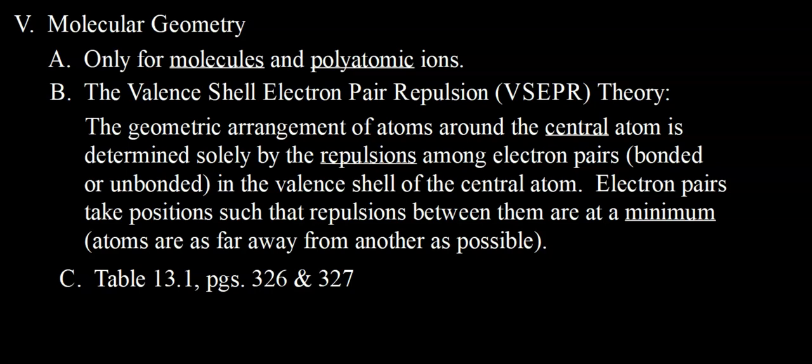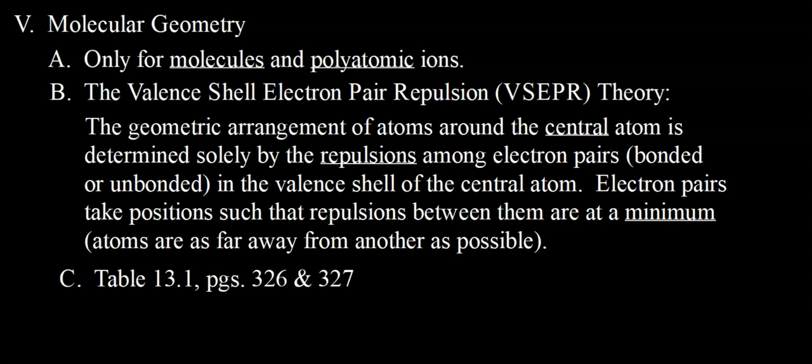Repulsions among electron pairs in the valence shell of the central atom. Electron pairs take positions such that repulsions between them are at a minimum, meaning that the electron pairs are going to arrange themselves around the central atom as far away from each other as possible.